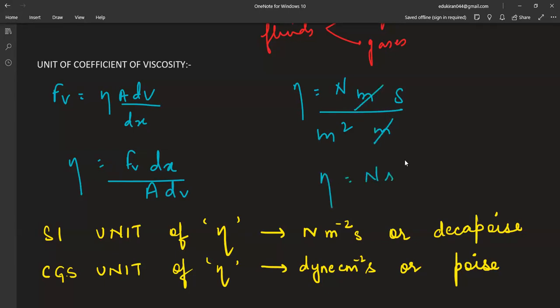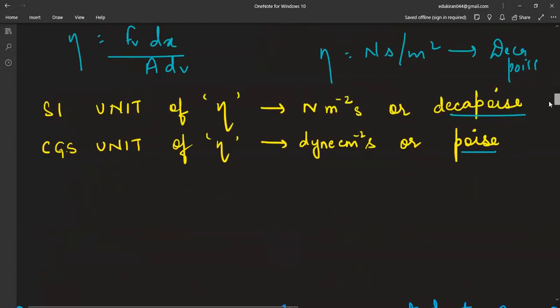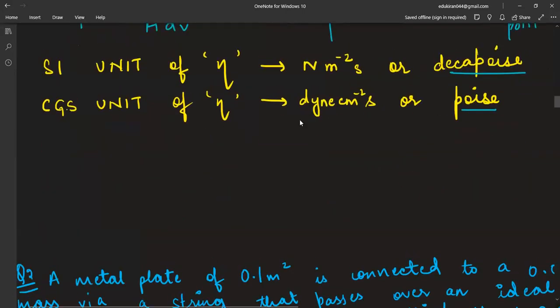Newton second per meter square. This is equal to what we write as decapoise. And the CGS unit is poise. Decapoise and poise. And deca, you know how to convert, not 10 to the power anything, just multiply by 10. So I hope you have understood this fact.